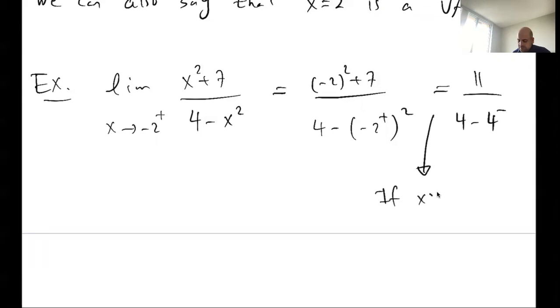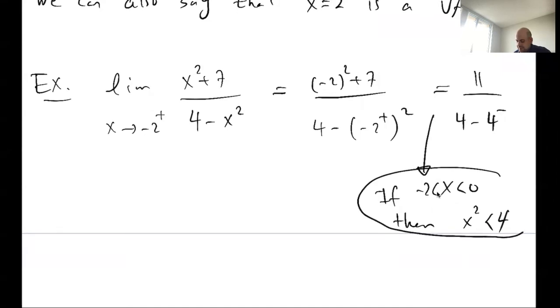Okay, so I can also mention here that if x is bigger than minus 2, and of course less than 0, then x squared will be less than 4. X is a little bit bigger than minus 2 here, like minus 1.9, minus 1.99, and so on, and x squared will be less than 4. Less than 4 means 4 minus, a number a little bit less than 4.